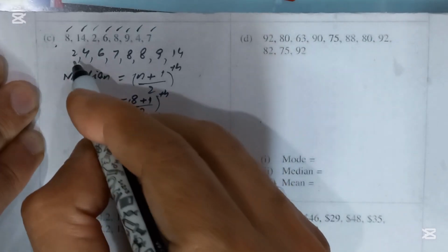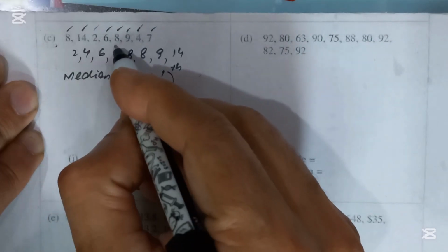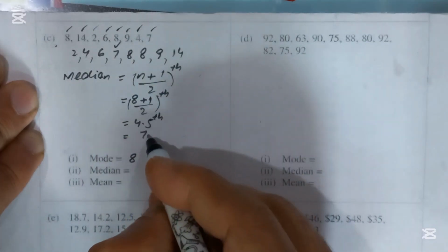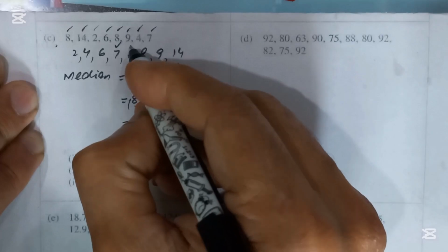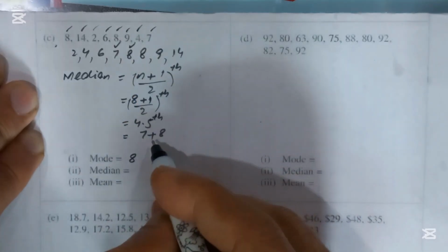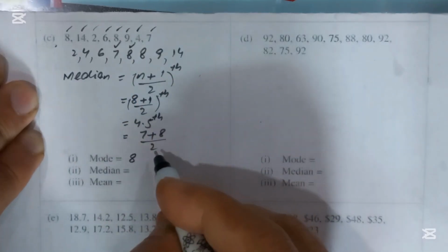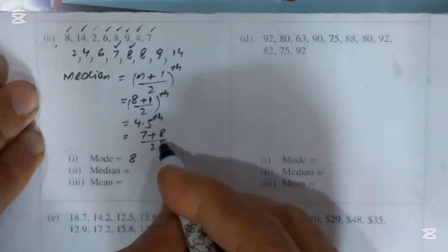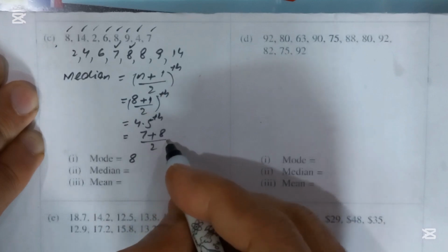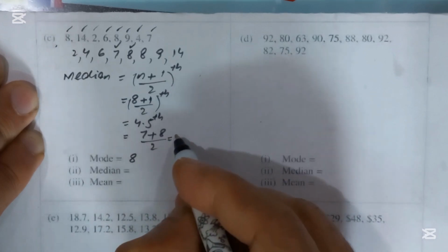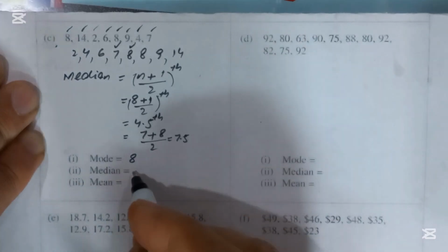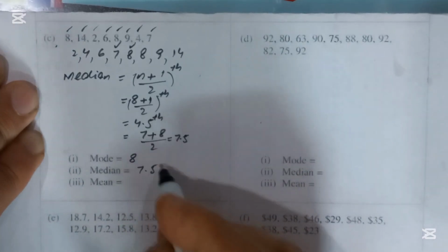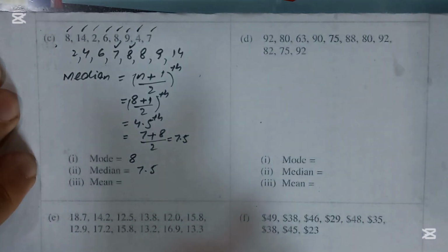So 1, 2, 3, 4, here is the 4th, and here is the 5th. The mean of these terms will be the median. So 7 plus 8 is 15, and 15 divided by 2 is 7.5. So 7.5 is the median of this data.